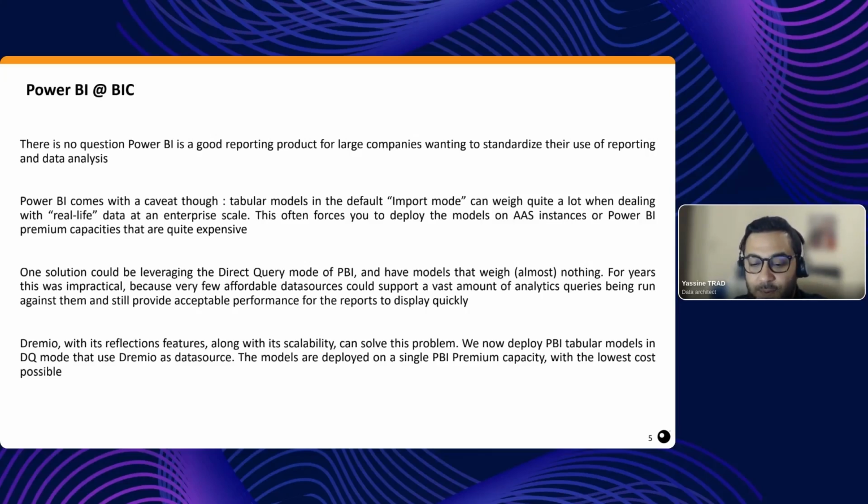The thing is, once you start doing serious data, what I call serious real life data at an enterprise scale, your models, if they're in import mode, can weigh a lot. They have a very big memory footprint. So it will often force you to deploy your tabular models on either an Azure Analysis Services instance or on a Power BI premium capacity.